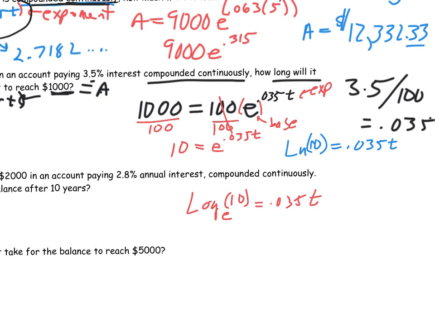Well, once you get that logarithm in there, that ln, just divide both sides by 0.035. That'll cancel that out, and then you've got t by itself, which is what you want. So this is what I'm going to plug into my calculator.